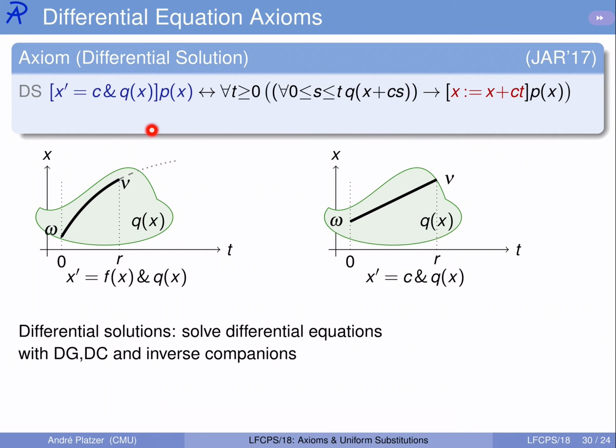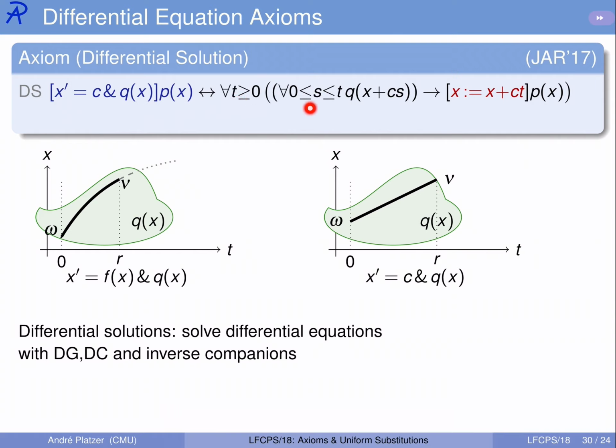In this case, it's very easy to write a differential equation solution axiom by saying: always after a differential equation x prime equals some constant c within an evolution domain constraint q of x is a postcondition p of x true, if and only if for all times t greater or equal 0. Remember, t is a different variable than x, so this constraint is also by construction as opposed to by side condition.